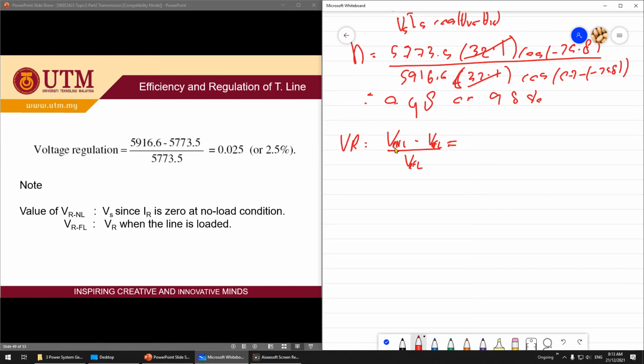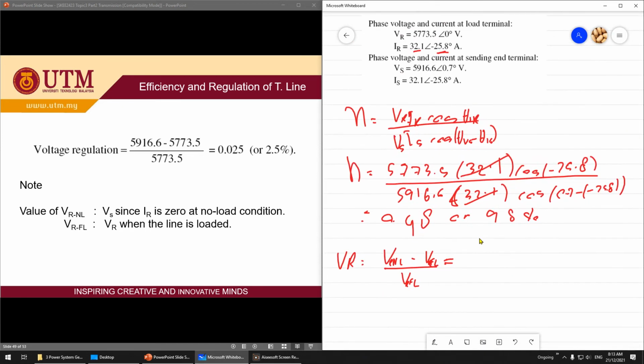So V at the receiving end at no load is basically VS. Remember that I said VR at no load is basically equal to VS. Make sure you know this.